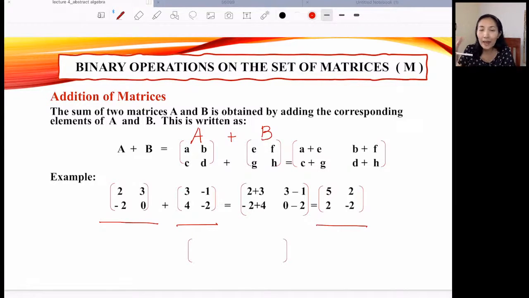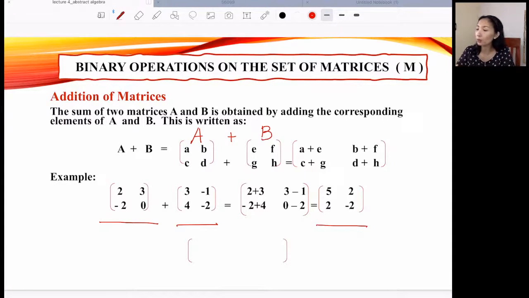When you add any 2 by 2 matrices, we are sure that the result is also a 2 by 2 matrix. So, closure property is satisfied. Therefore, addition of 2 by 2 matrices is a binary operation. Okay, now we proceed to the next.